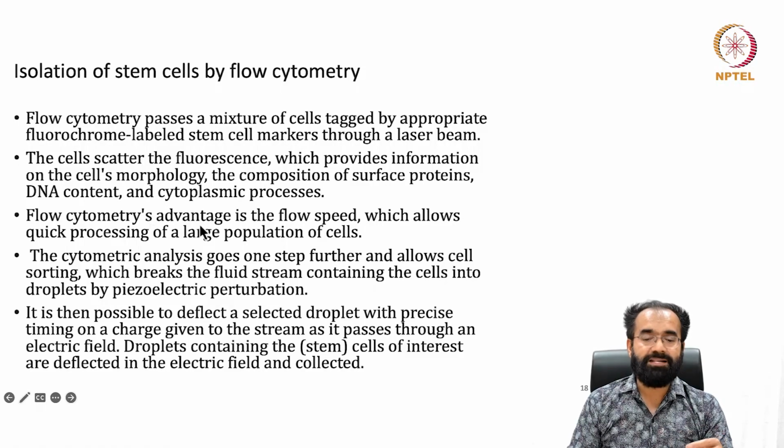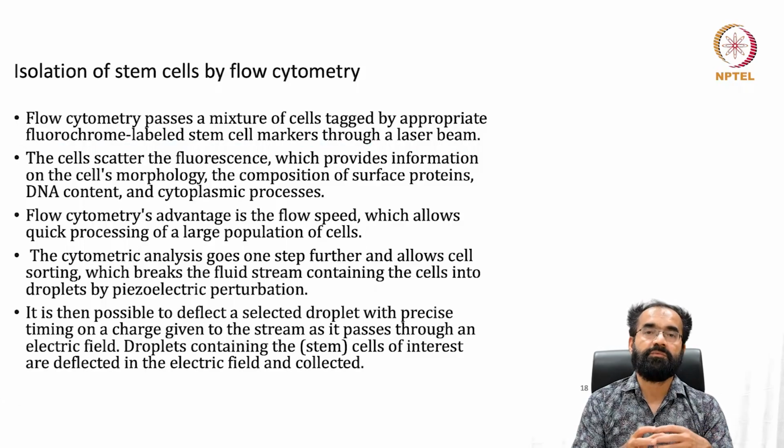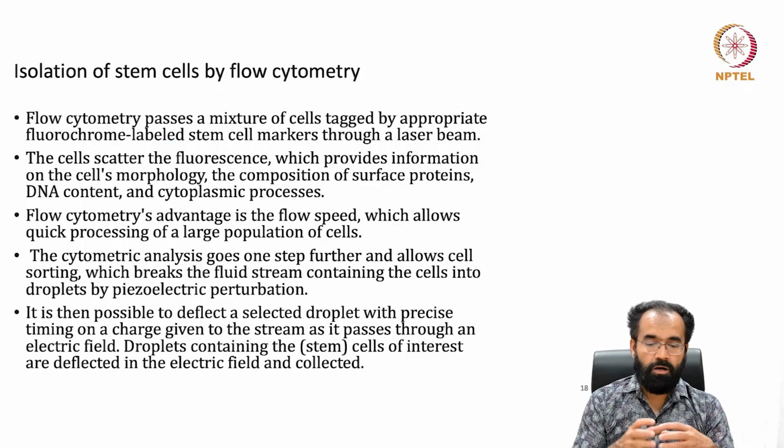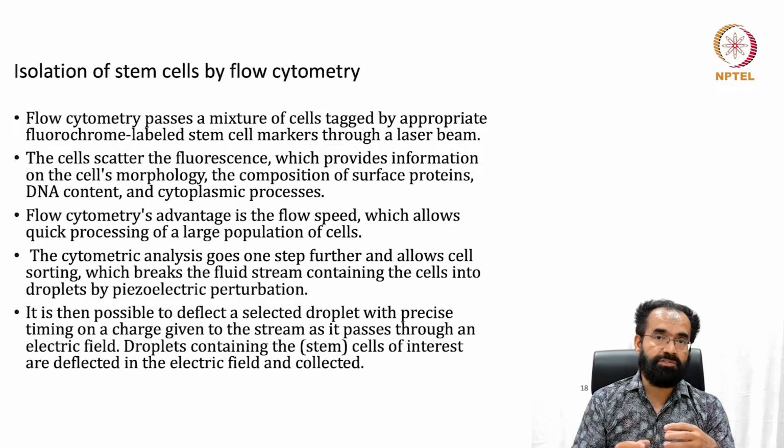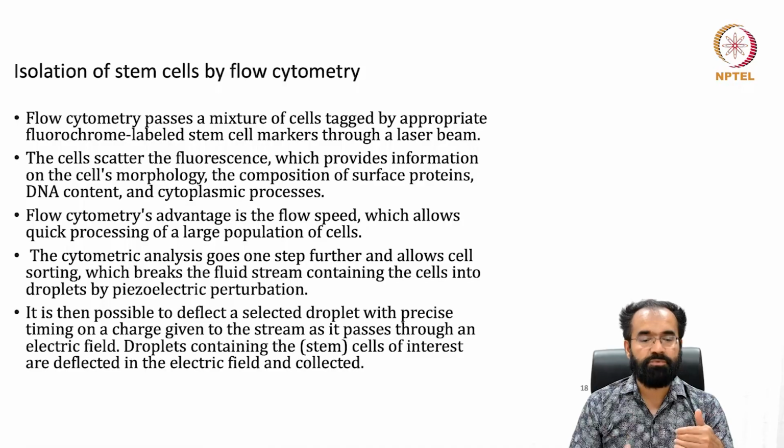Flow cytometry's advantage is the flow speed, which allows quick processing of a large population of cells. Quick processing of a large population of cells is possible only if you adopt the flow cytometric approach for separating the cells.